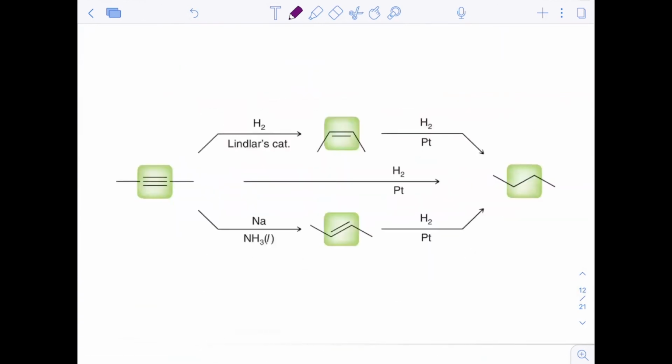Only one pi bond will react with our dissolving metal reduction, not both. All right, so a variety of different reactions here. The alkyne can go straight to the alkane with an old reaction that we saw, H2 and a reactive catalyst. If we wanted to stop at the cis, we would have to use some sort of poisoned catalyst with that H2 reagent so that we did syn addition like before, but stopped at the alkene.